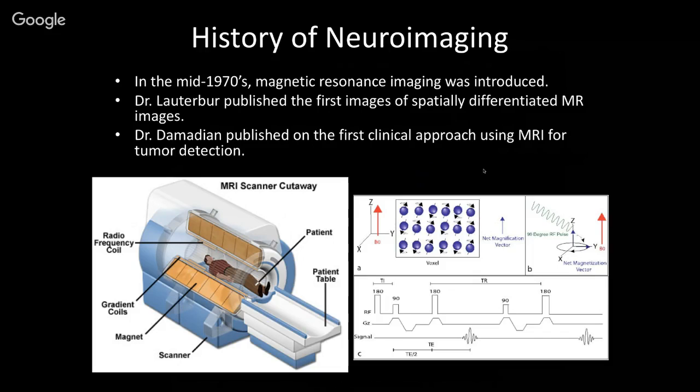The periodicity, the number, and the intensity of RF pulses introduced to those aligned water molecules allow us to explore the physiology and anatomy of tissues in a variety of different ways.